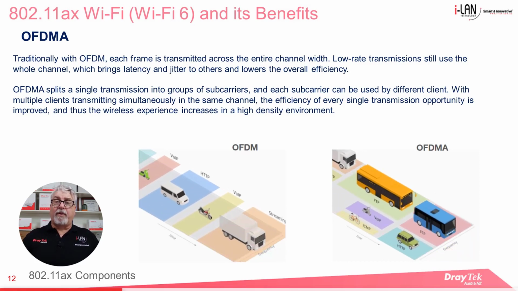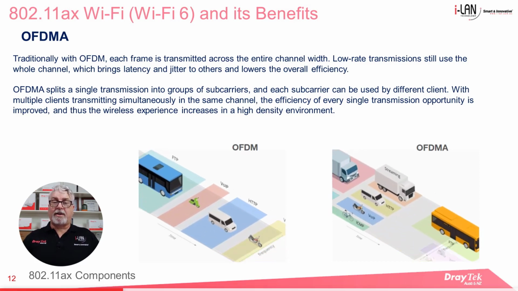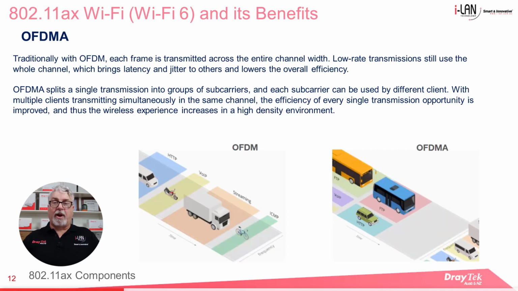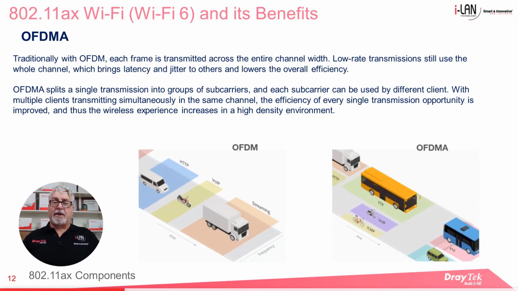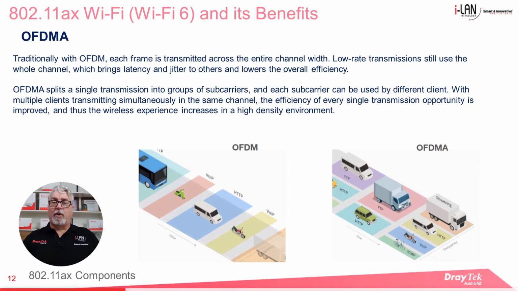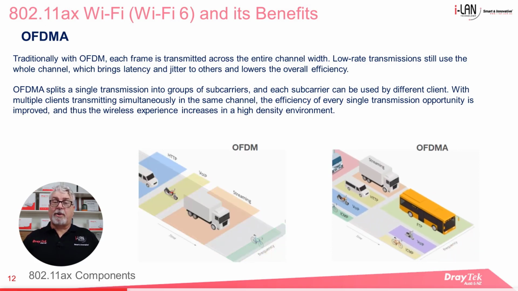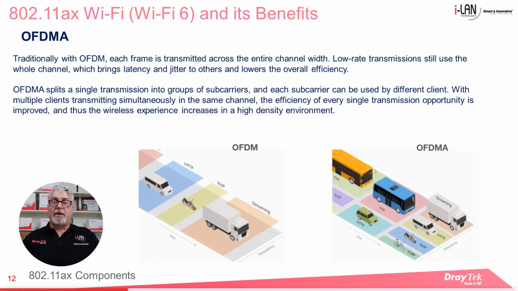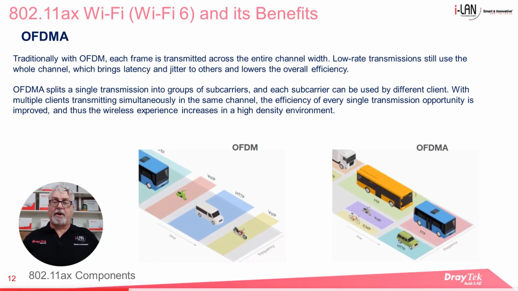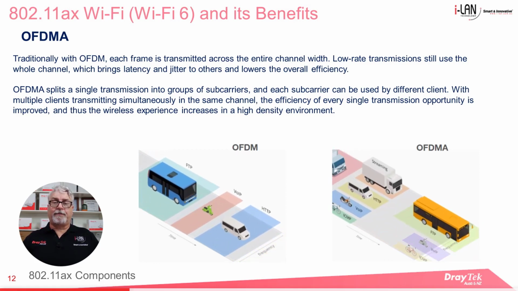So basically, more devices will get more bandwidth simultaneously for a faster Wi-Fi network overall. So users watching streaming services can be allocated more bandwidth and time, while VoIP or just checking email could be assigned less, but just as much as each one requires to improve the wireless experience in high-density environments.